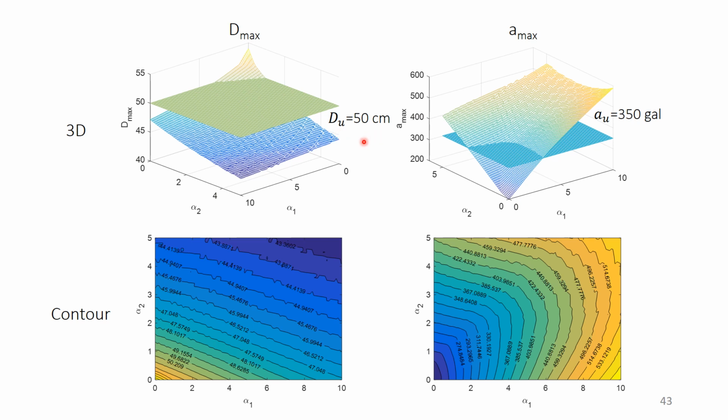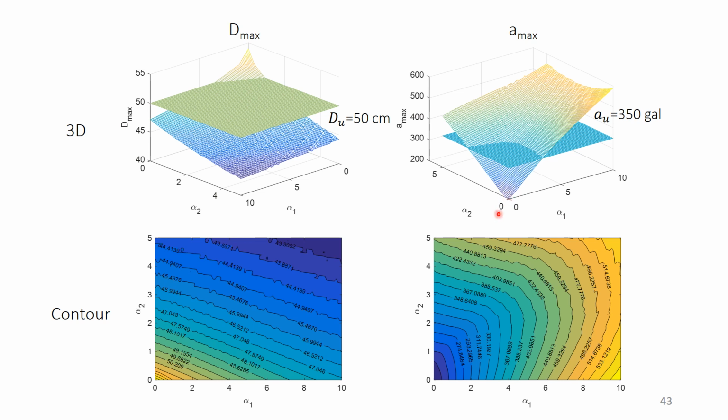So the points under this plane will be available design combinations of alpha 1 and alpha 2. And the right side will be the 3D diagram of the maximum acceleration. Also, AU equal to 350 gal will be the design target. So the points under this plane will be the available design combinations.